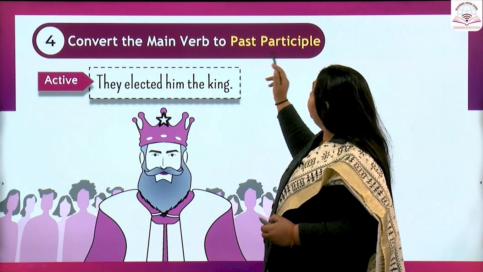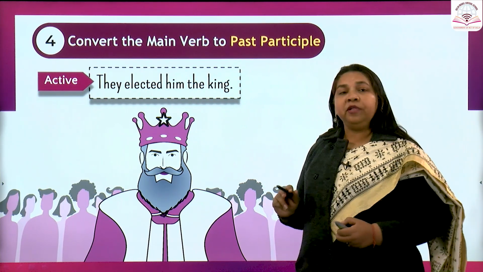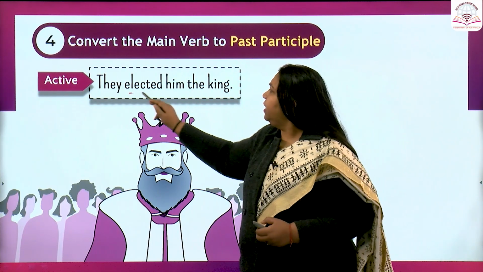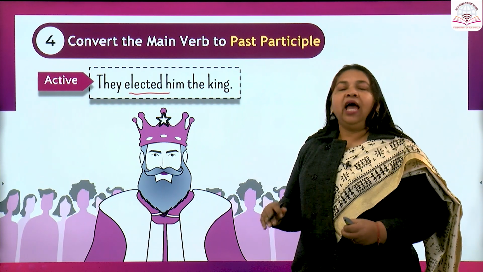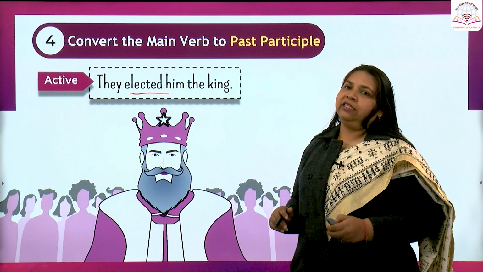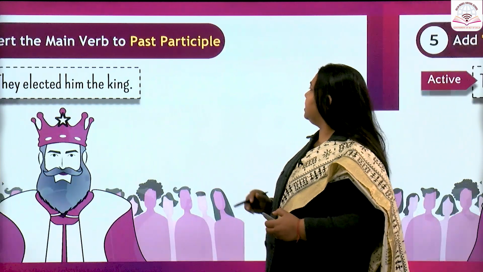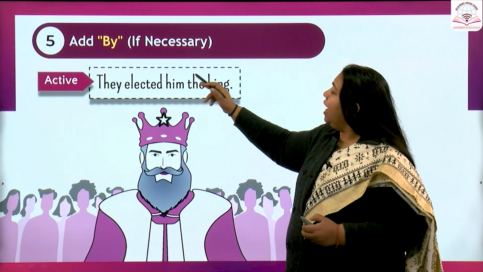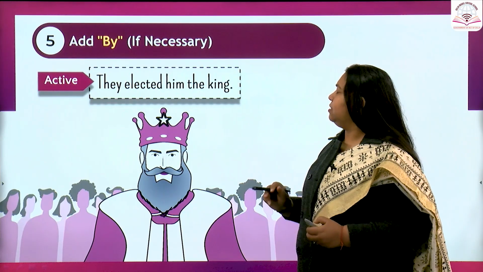Convert the main verb to the past participle form. Now here it is elected, and the past participle form is also elected. So it will remain the same. Then add by if necessary.